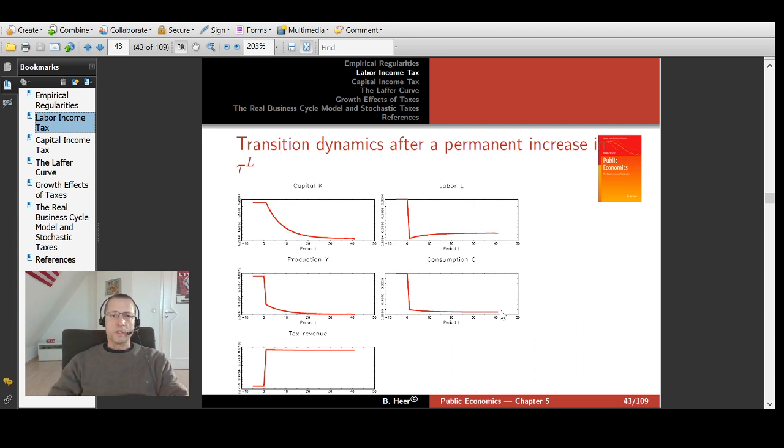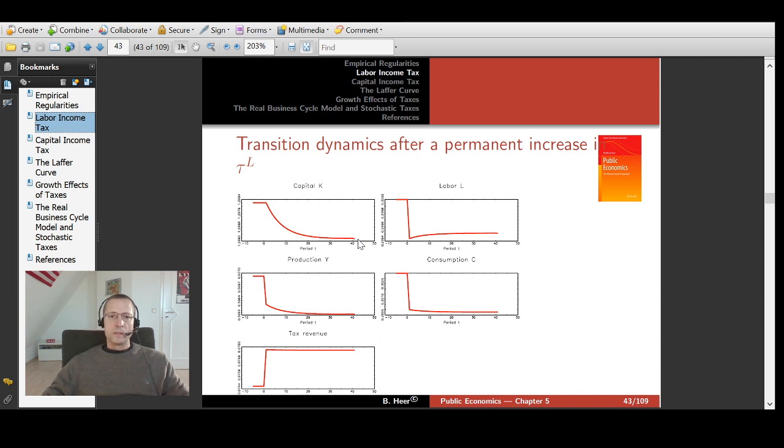Now, how do we compute these dynamics? It's not a trivial task. It's a difference equation system. We have an initial condition, the capital stock in the initial steady state, and we have a terminal condition, which is the final capital stock in the new steady state with tau L equal to 24%.